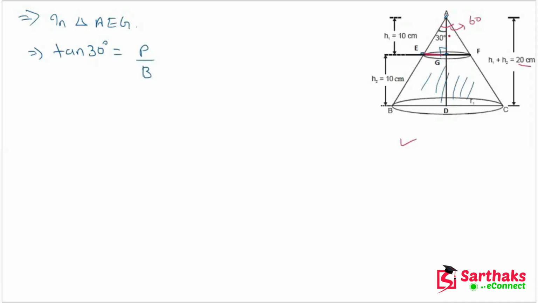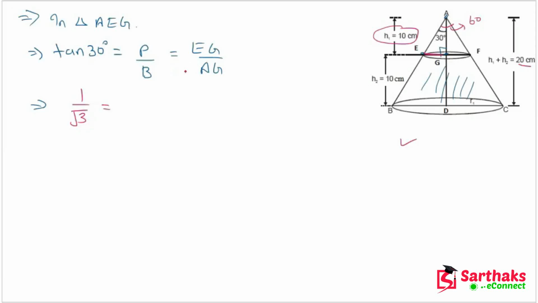And we know that AG is 10 centimeter. So here we can write tan 30 equals EG upon AG. The value of tan 30 is 1 upon root 3. We already learnt about this.